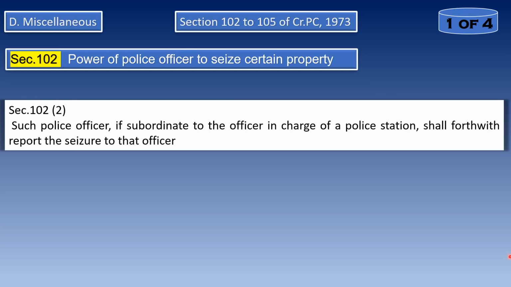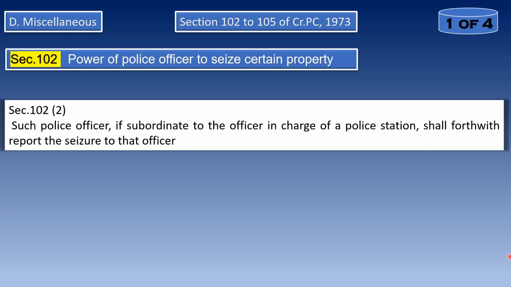Well, till now we were studying that a search warrant is issued by the court, search is done, a list is prepared and it is taken to the court. Now we are covering another part which says on a complaint to the police, or the police on their own when they suspect, can seize a property and that property will be taken to the police station.